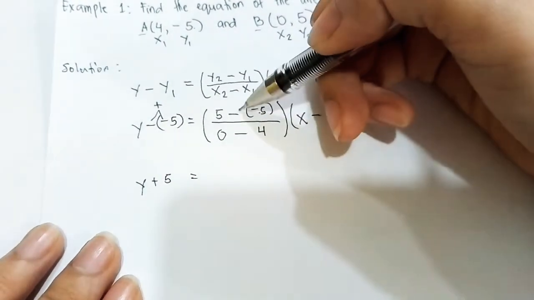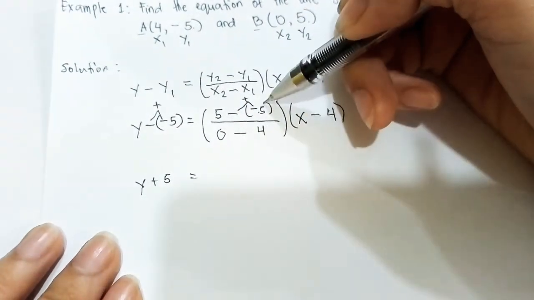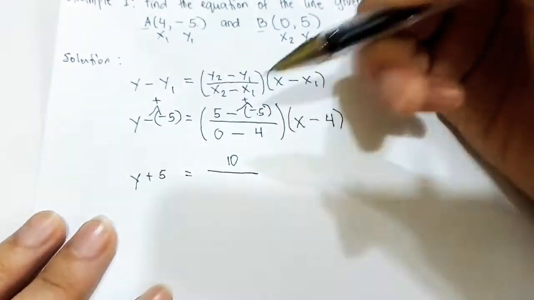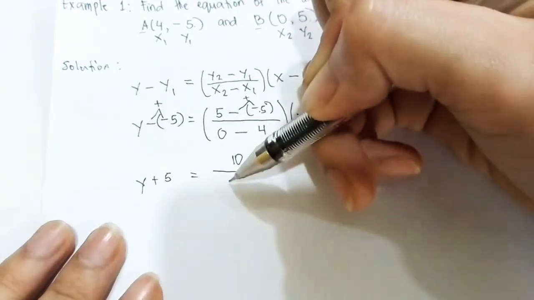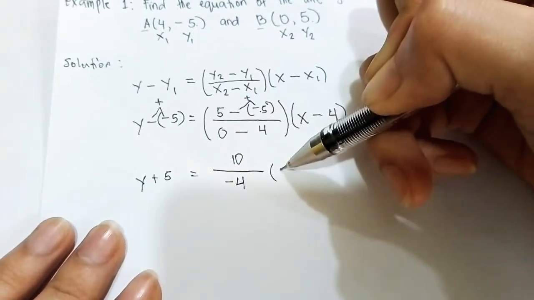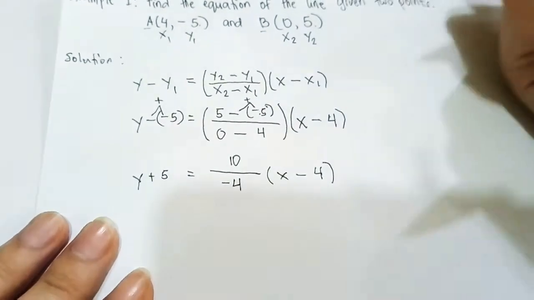So the operation will become plus. So we have 5 plus 5, that is 10, over 0 minus 4, that is negative 4, times x minus 4.